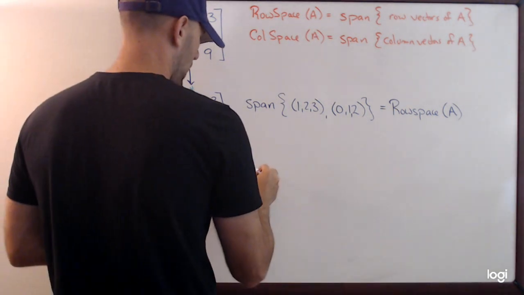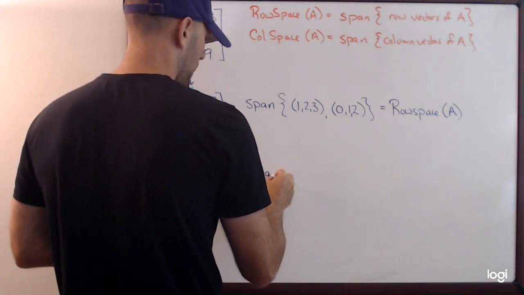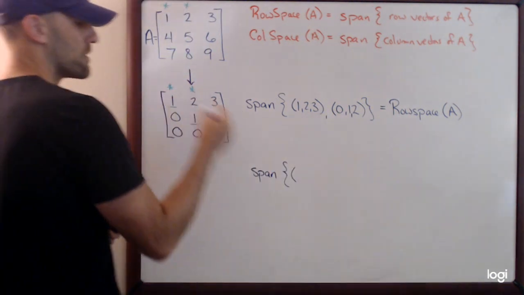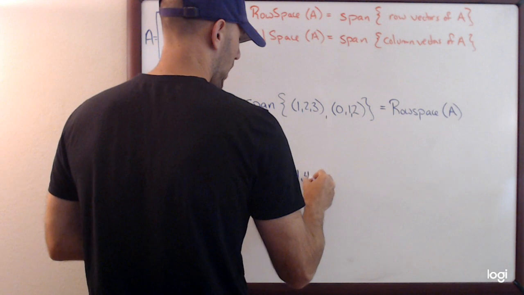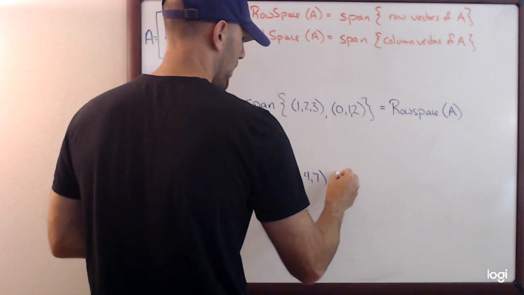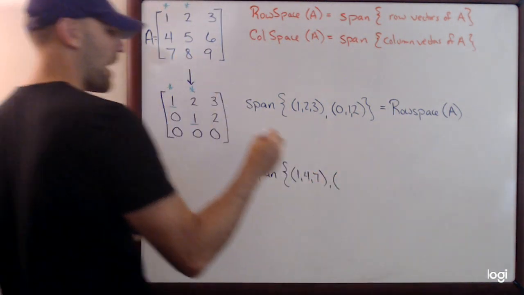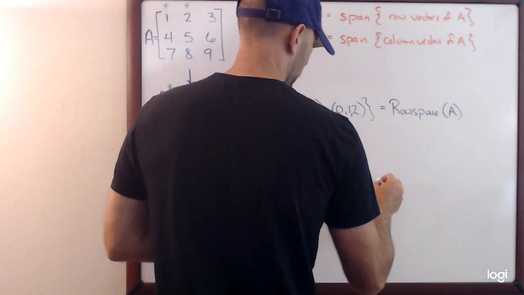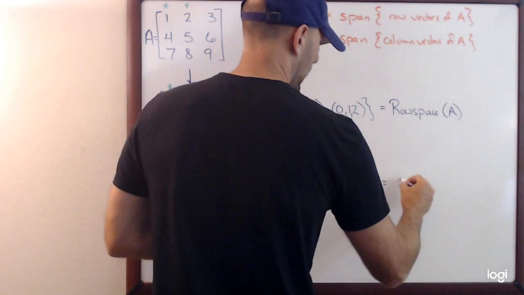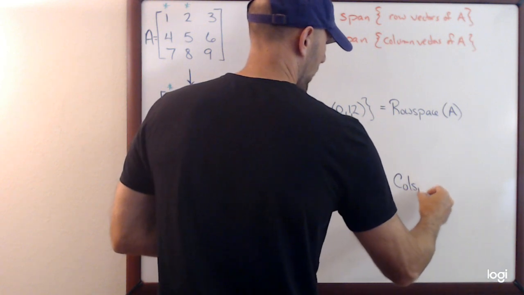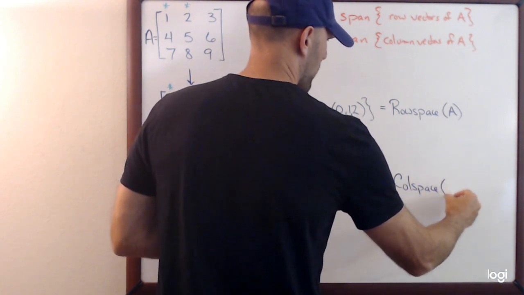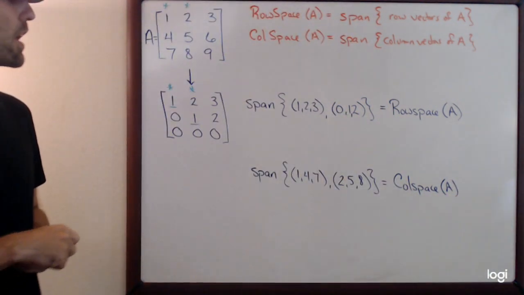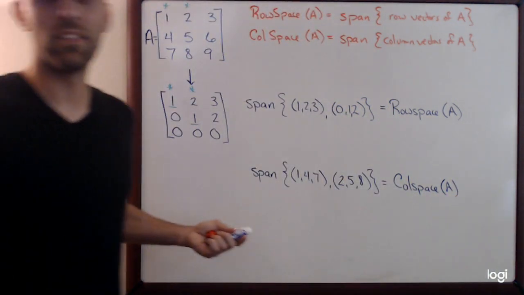So I can say that the span of these columns, 1, 4, 7, and 2, 5, 8, these form a basis for the column space of A. That's pretty easy, right?